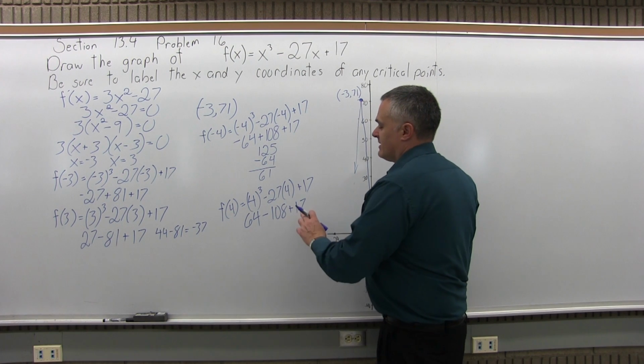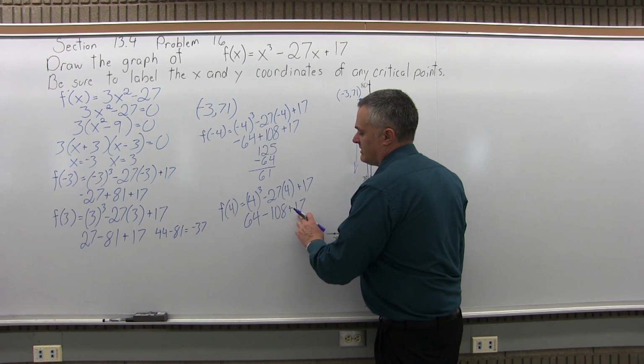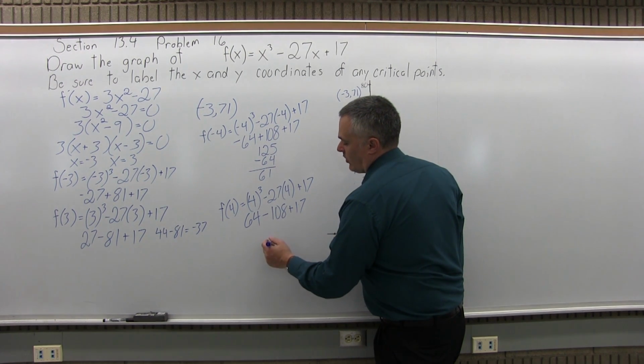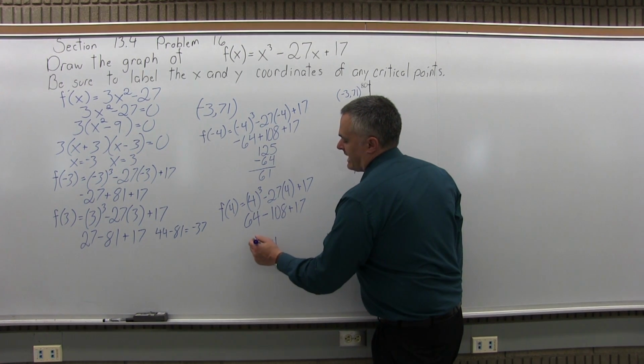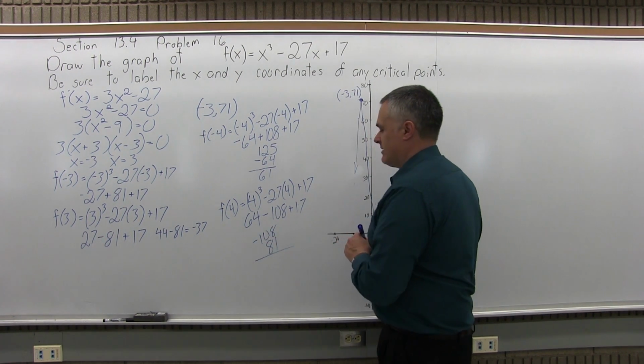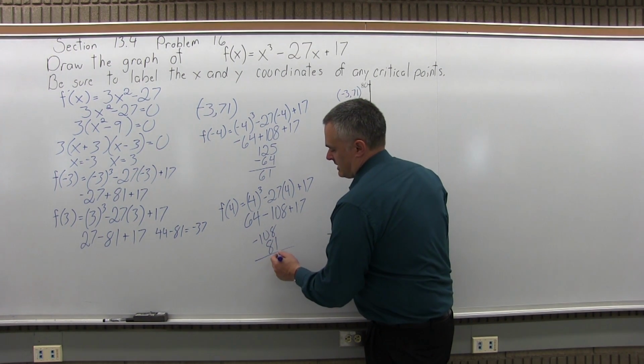So my positives, I have positive 64, positive 17. That's going to be positive 81. And I have negative 108. So that's going to be negative 37. Is that, no, 27.